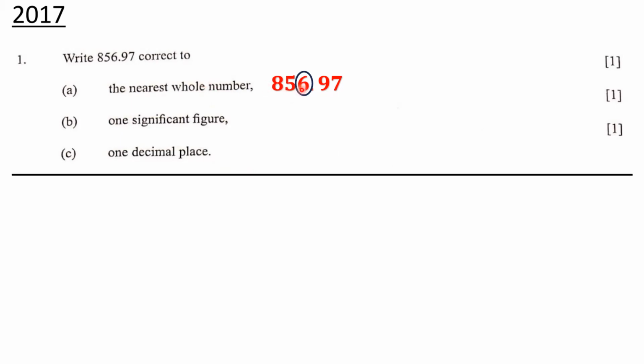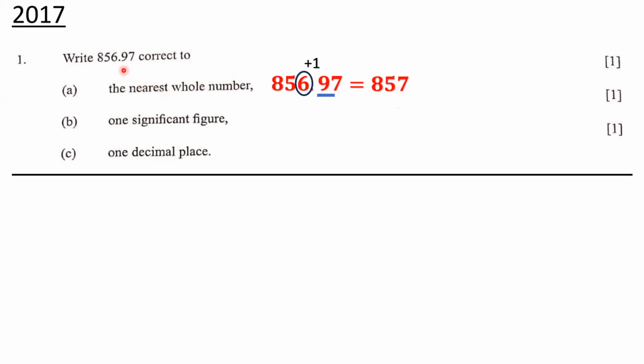And so we know that 6 is in the ones place. We underline the number to the right of 6, which is definitely 9. So we're going to round up because 9 is greater than 5. So we add 1 to 6, and 6 plus 1 is 7. So we have 857. The numbers at the back do not matter. We don't write them down because we don't want any decimal part, just the whole number.